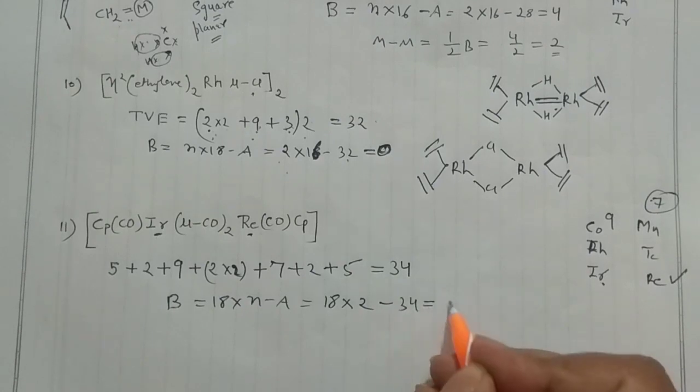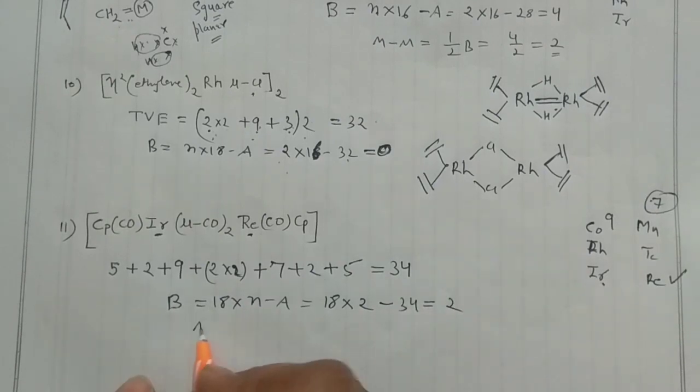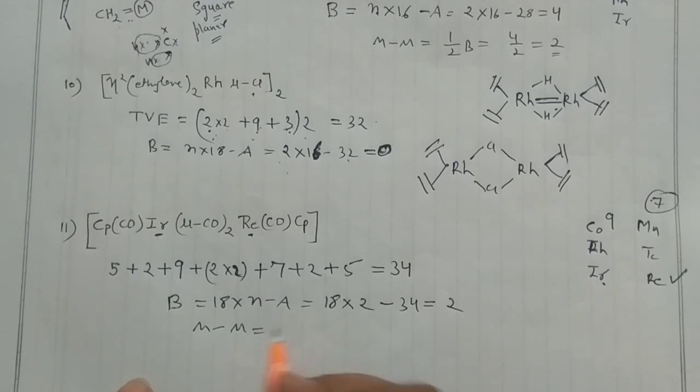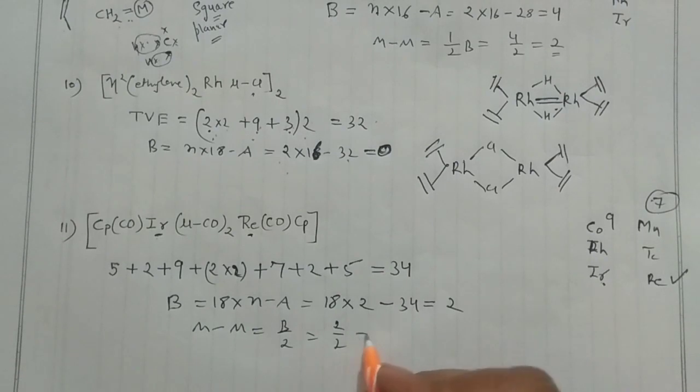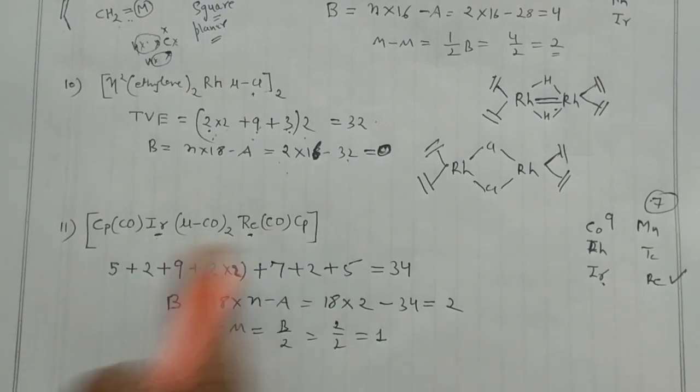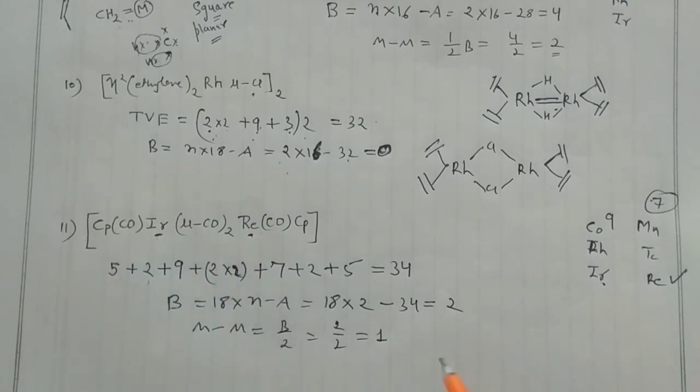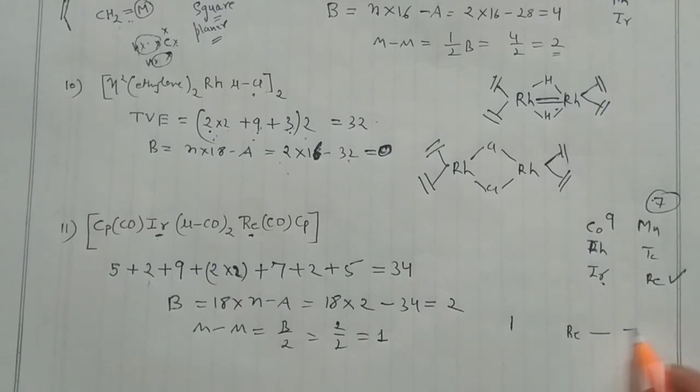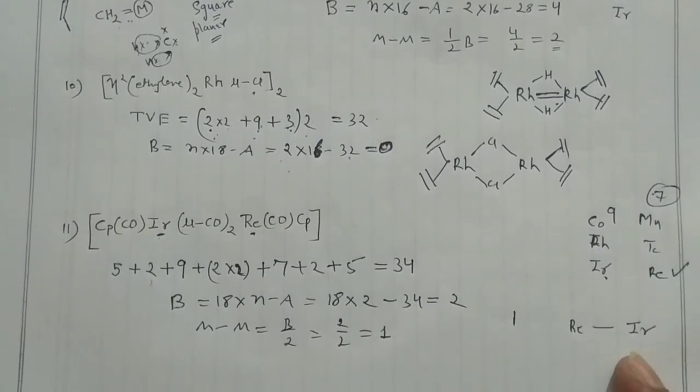Okay, so that will give you 2, and metal bond, you know, it is B by 2, so B by 2 means 2 by 2, that will give you 1. So there should be one rhenium-iridium bond. So you can write Re here and Ir here. This is how you can write the structure.